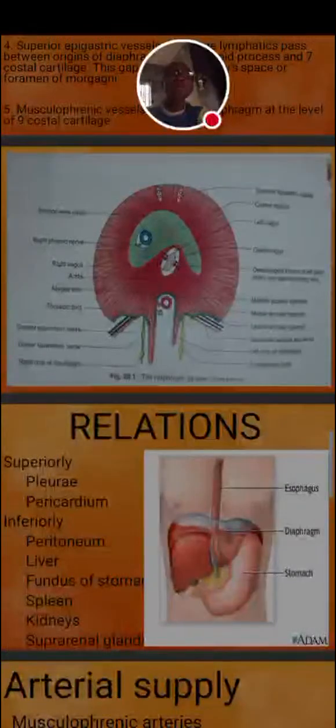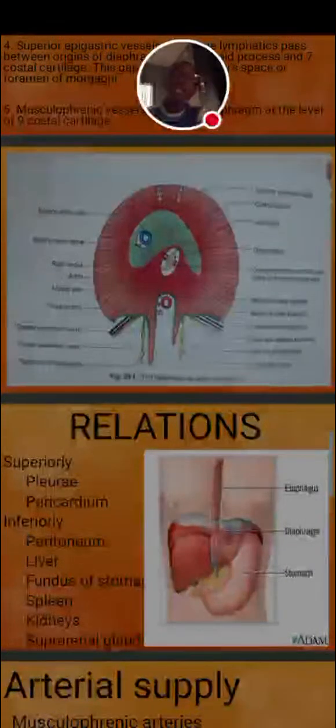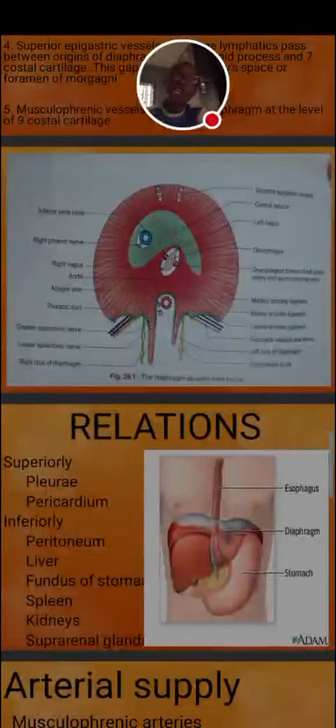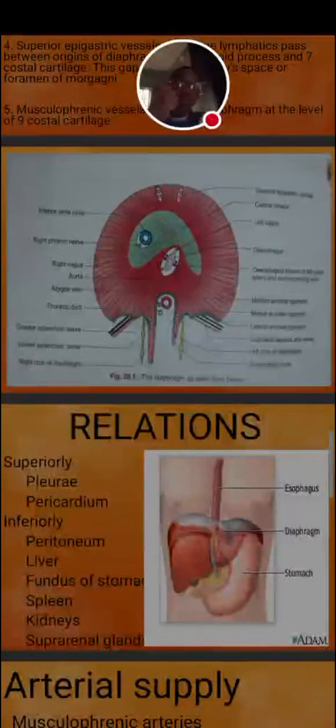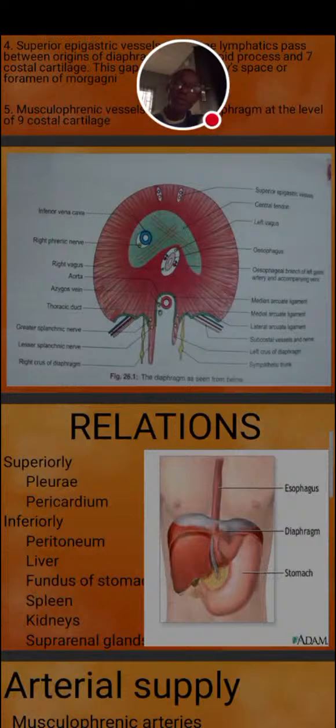Okay. Now moving away from there, the vertebral origin has right and left crus. The right crus is the longest and the most muscular, whereas the left one is on L1 and L2. Whereas the right one is L1, L2, and L3.